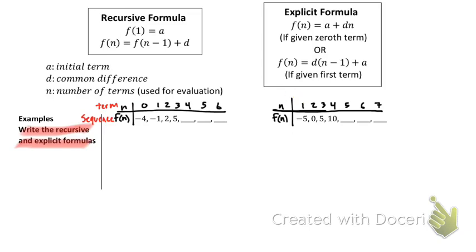Okay? So, let's do this example first. In order to do this, we first have to do that idea. Am I using a 0 term or am I using a 1 term? In this example, we're going to use a 0 term. So the first thing we want to determine is, do I have the first term? Am I given the first term?